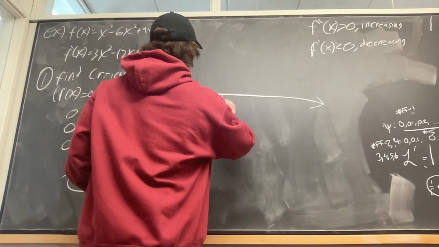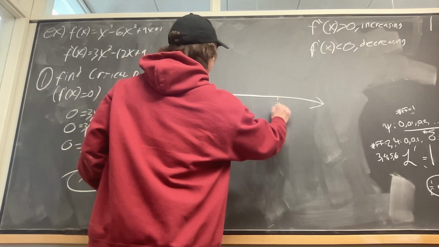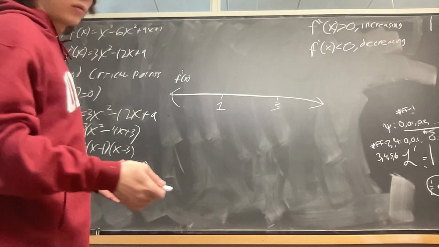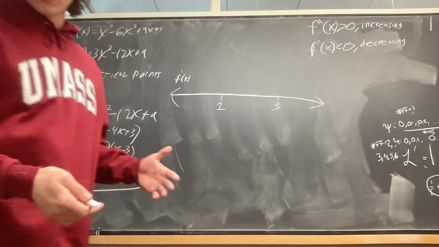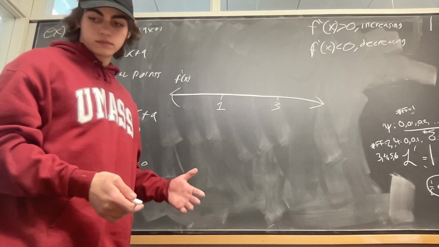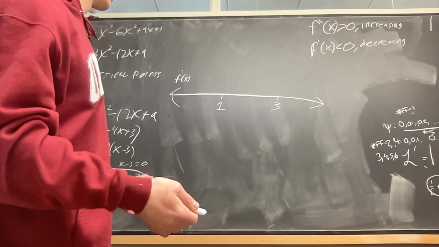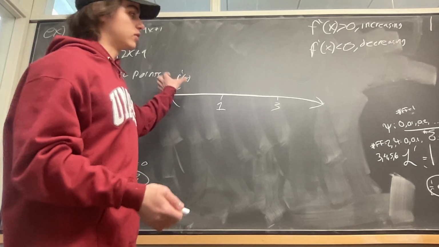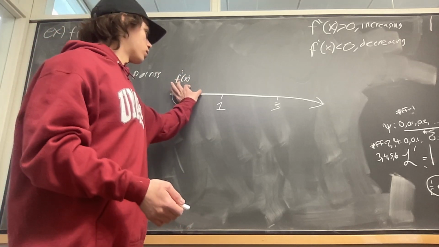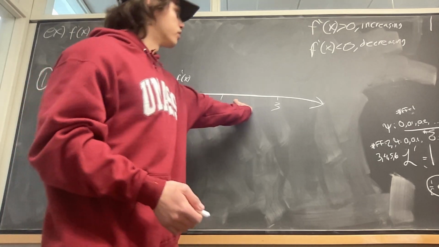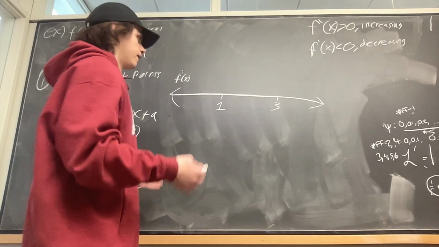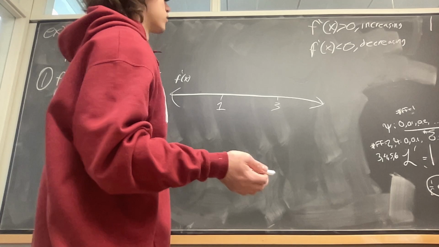So we're going to have 1 right here and then 3. What we're checking for here is the sign of the derivative of the function before 1, in between 1 and 3, and after 3. And then that will give us a good idea of if there's a local max or min.